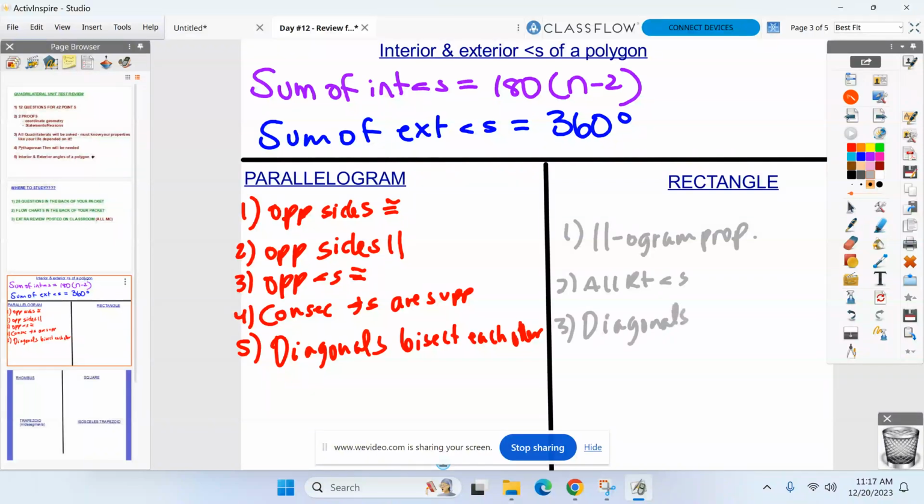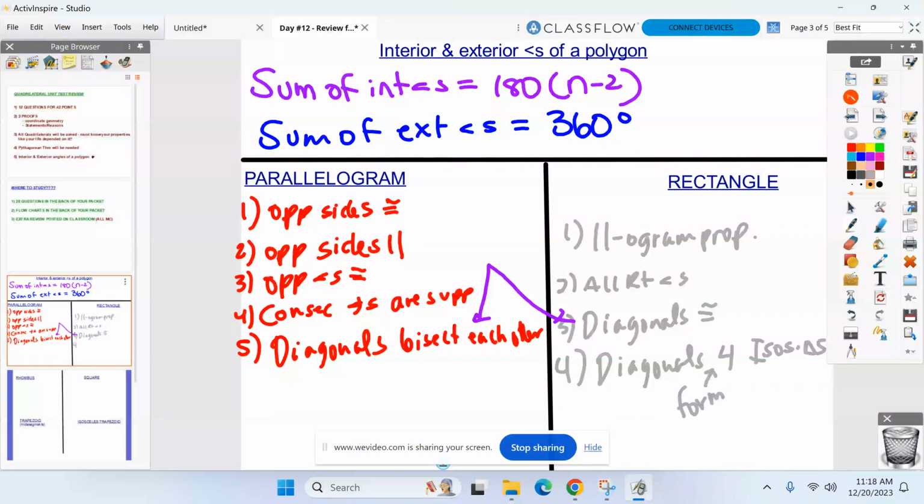And I had you guys write down a 4th one, which kind of mixes in these 2 here. If they're congruent and bisect each other, all 4 of those pieces are congruent, which means the diagonals form what type of triangles? Isosceles triangles, yep.